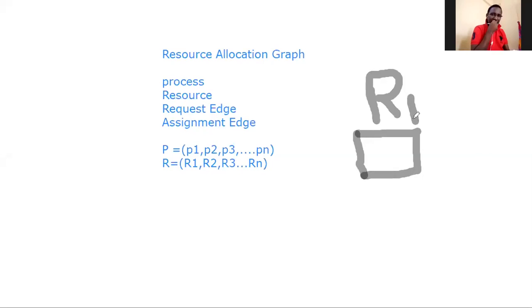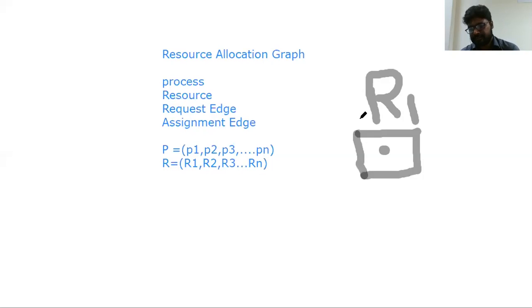This is represented by a rectangular graph. If a single dot is inside that resource, you can say this resource has only one instance.